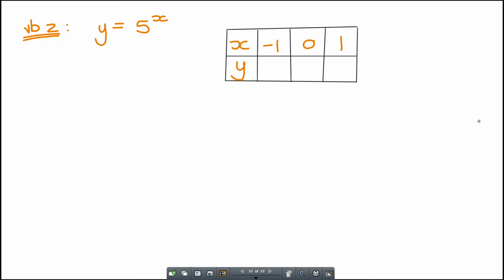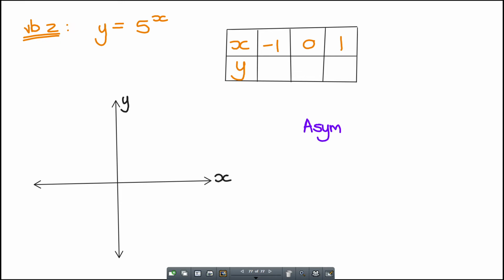Okay, so sketch your graph then. And then you can write the following.